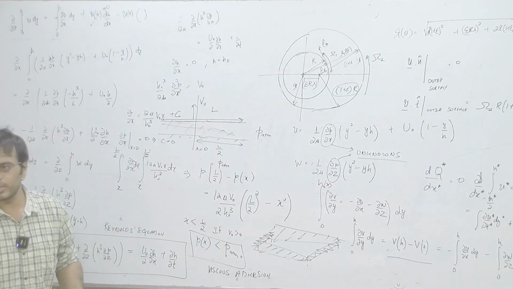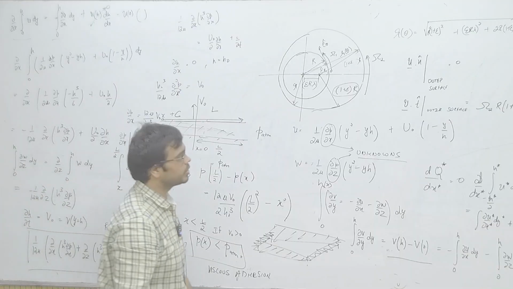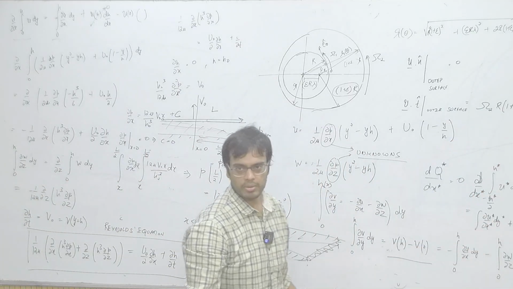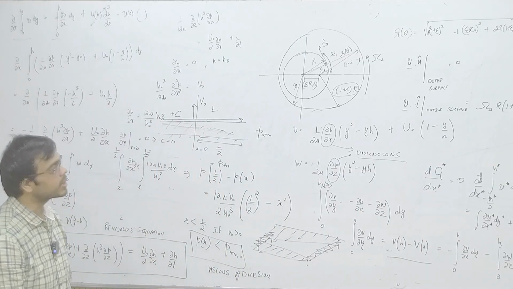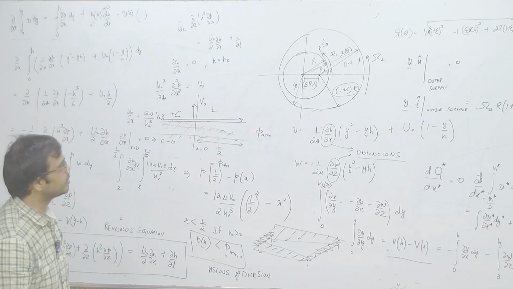The rotation of outer cylinder is about its own center, it is not about the origin. So, it is not omega 2 times r theta, it is omega 2 times its radius only. The rotation of cylinders is about their respective centers only.